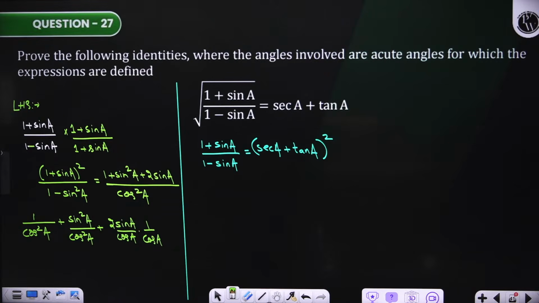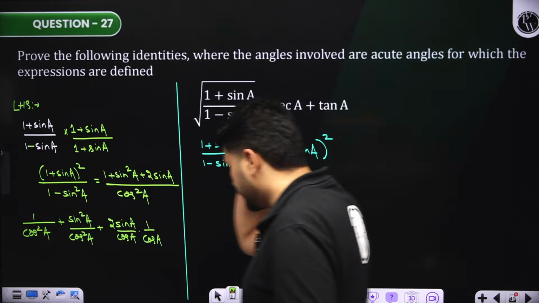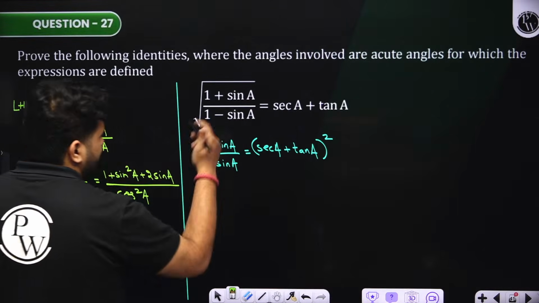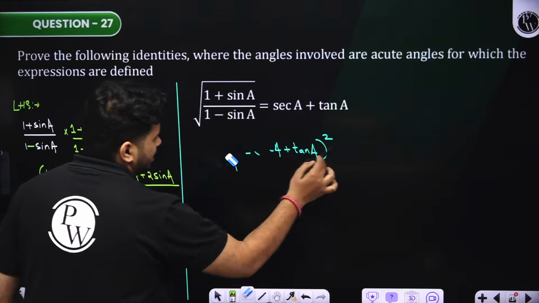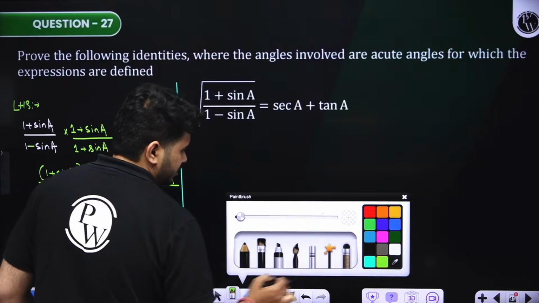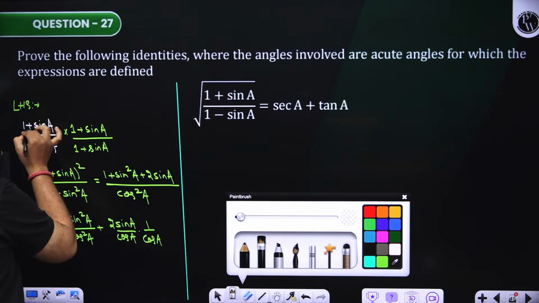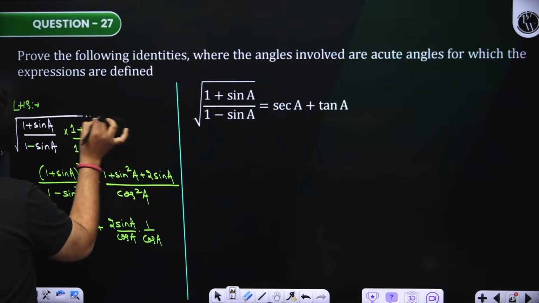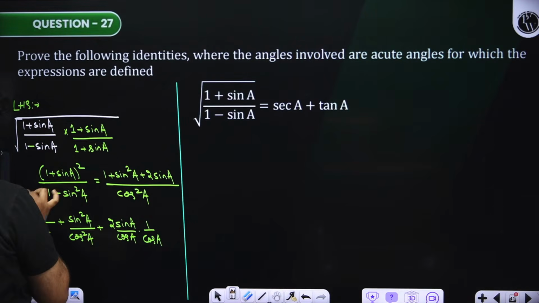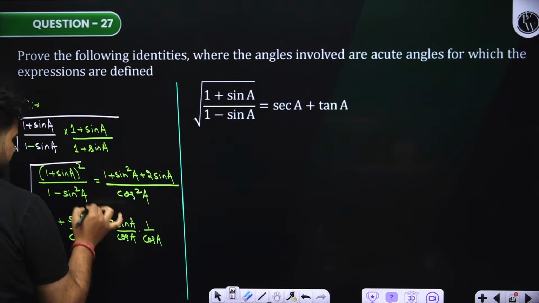Mostly if we take the reciprocal, I think it will be a little easier. Okay, fine. See here, we could have done one thing. Instead of shifting this root, let us start with this itself. Instead of shifting this root, we'll start with LHS, the root itself over here. So here also we will have a root.